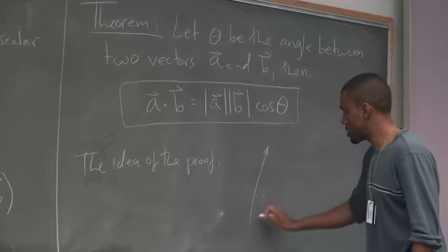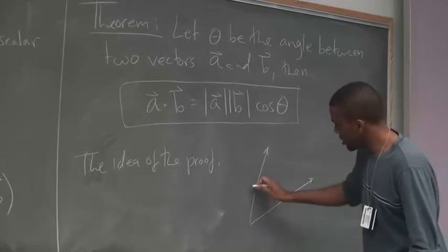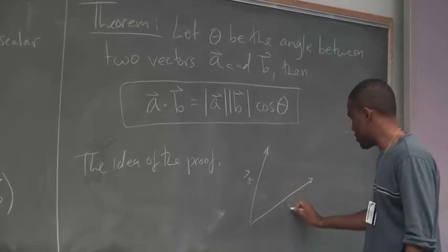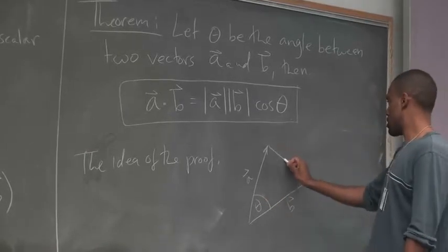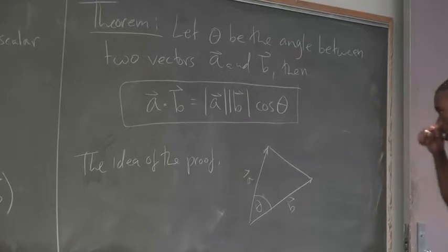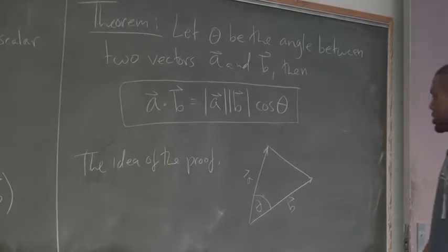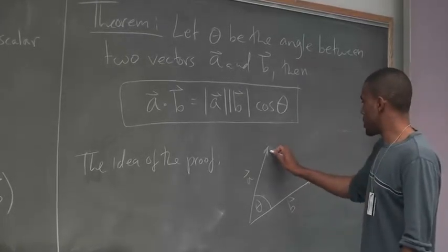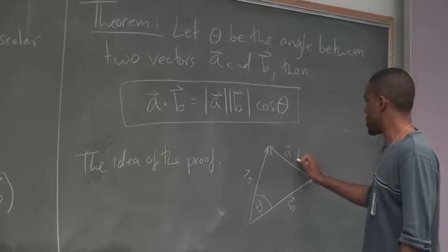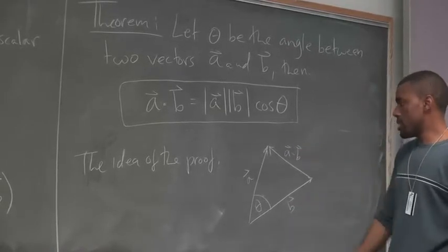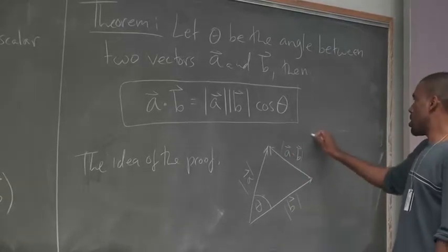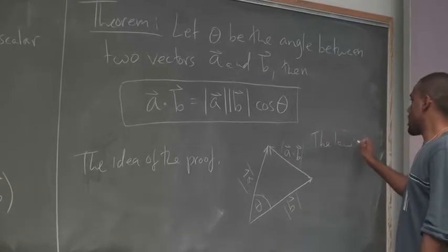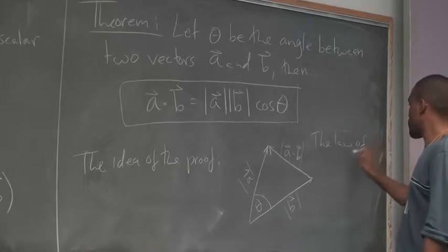So you have two vectors here, this is A, this is B, this is the angle between them. Here you can actually do the subtraction. So what we can do is call this vector A minus B. And if I think of this as a triangle with these side lengths, then the law of cosines is how we can prove this formula.